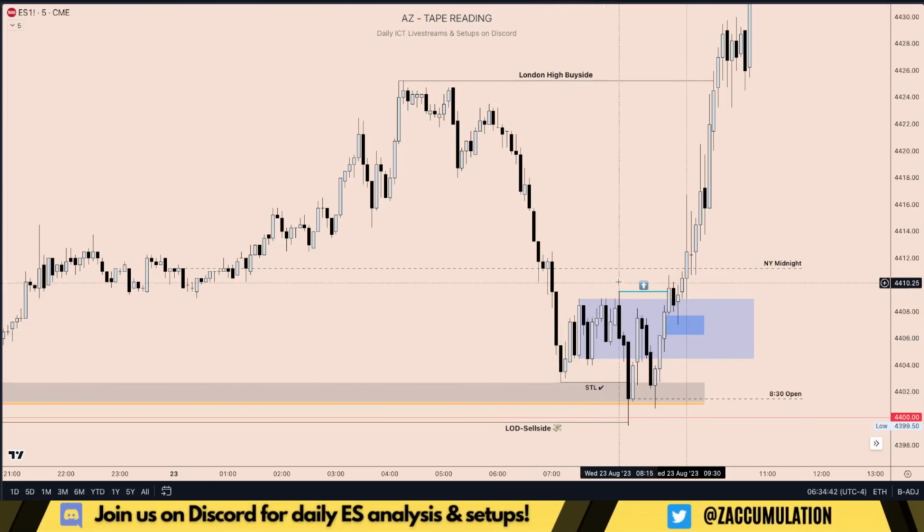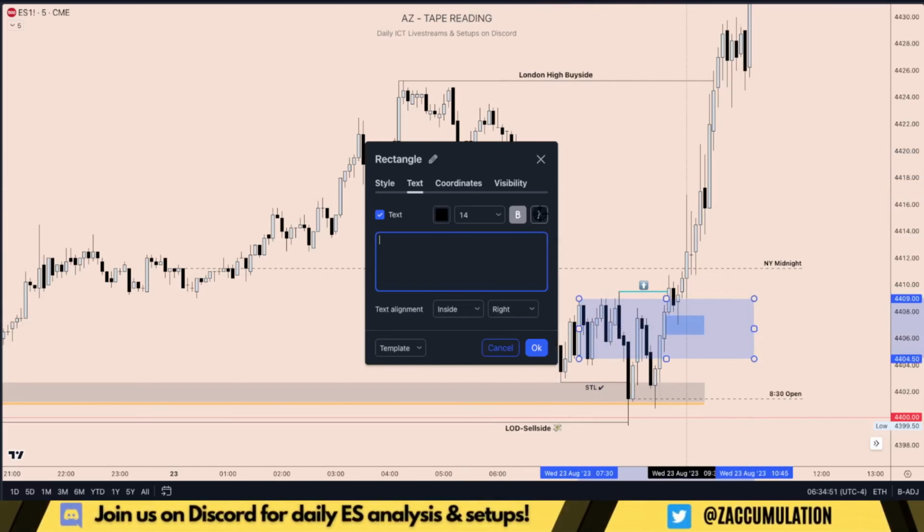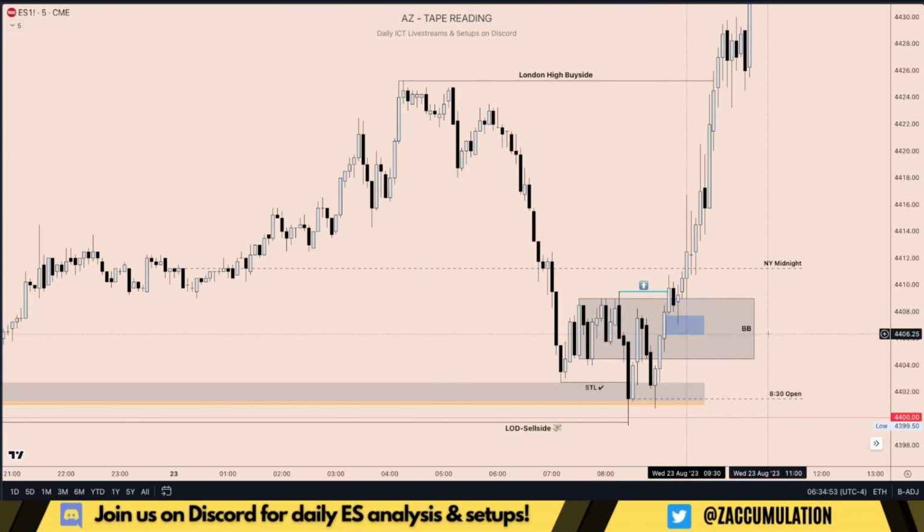Lower low, lower high, lower low, higher high. So from this last price leg, remember from the drawing that I shared with you guys earlier, this would be our breaker block. So now we have overlapping confluence. We have our fair value gap overlapping inside of our breaker block. That is really the ideal entry in my opinion.